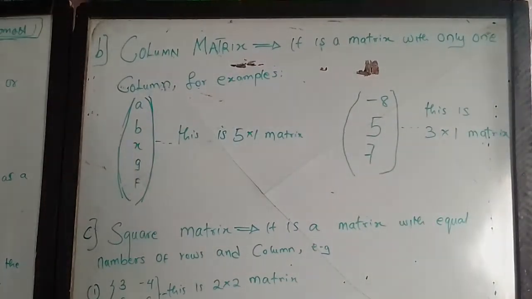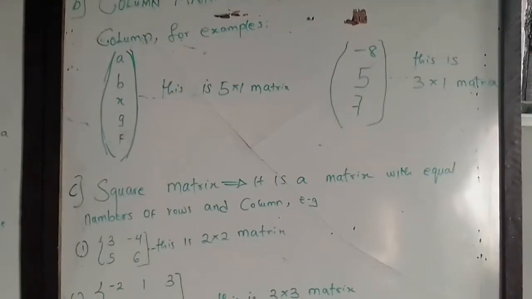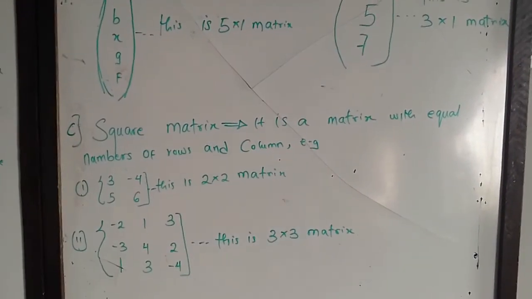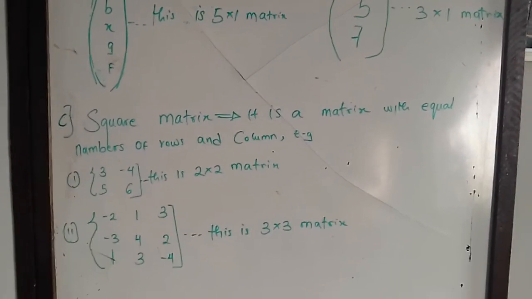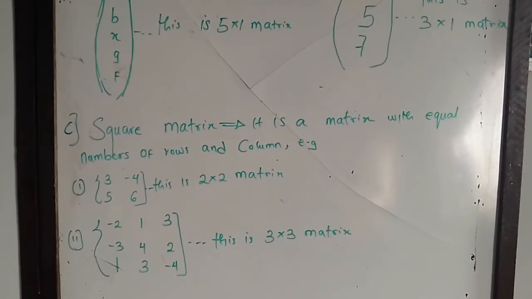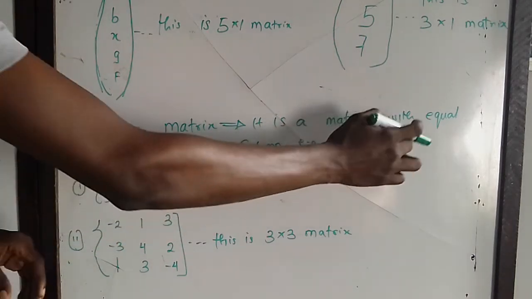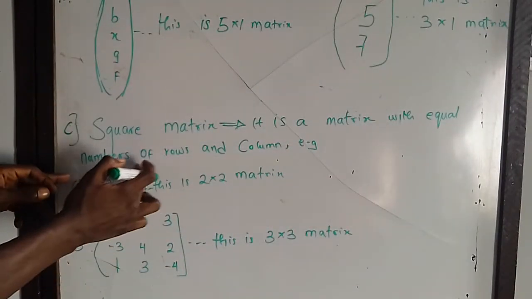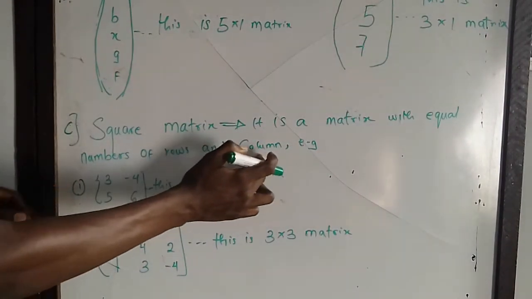So let's move on to the third type, which is the square matrix. A square matrix is a matrix with equal numbers of rows and columns.